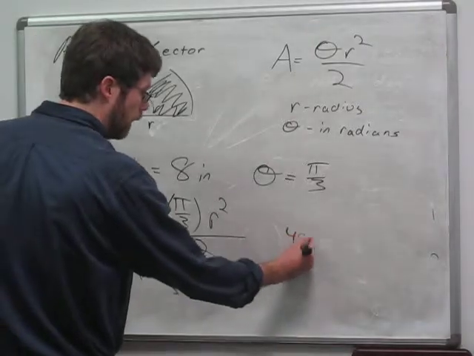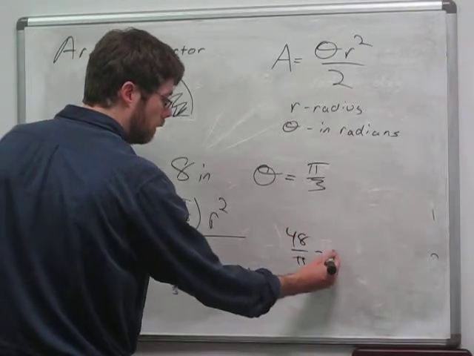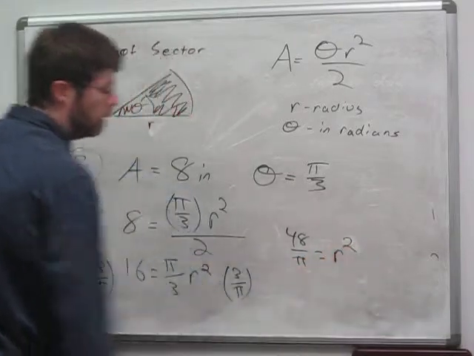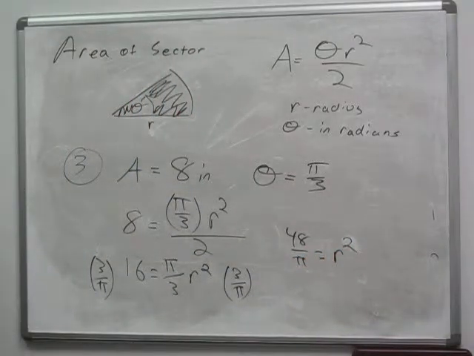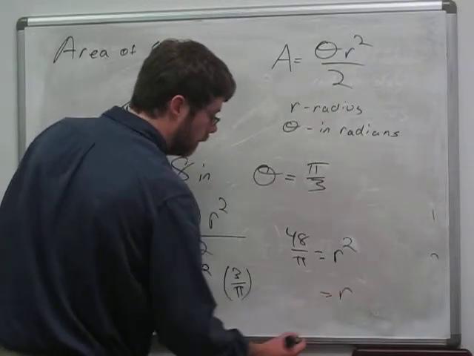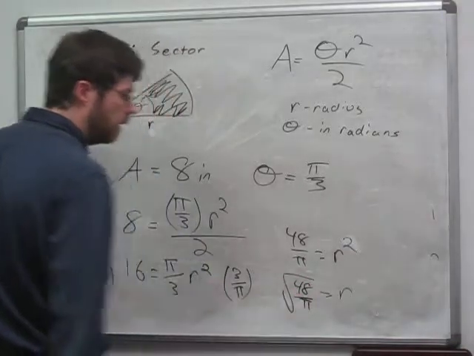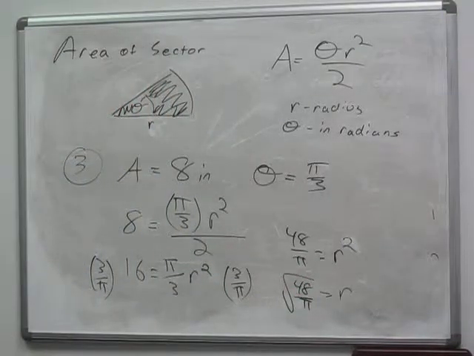So we get 48 over pi is equal to r squared. And then from there we just use the square root property. R is the square root of 48 over pi. And that can be simplified.